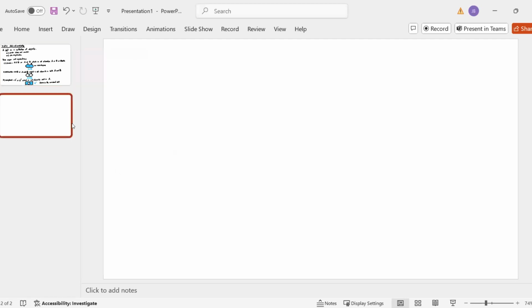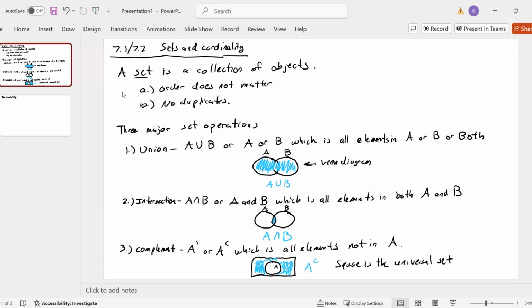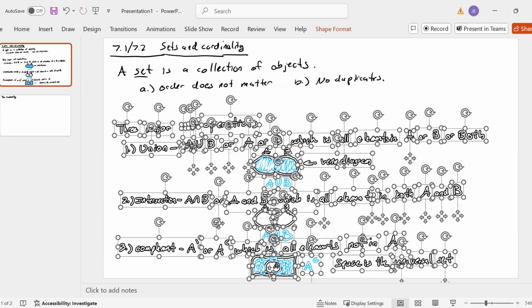The last major thing was the cardinality. Let me put that right there so I can have this all on one slide so it looks a little bit nicer.